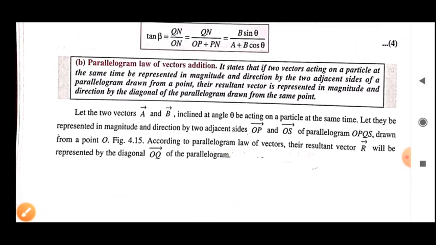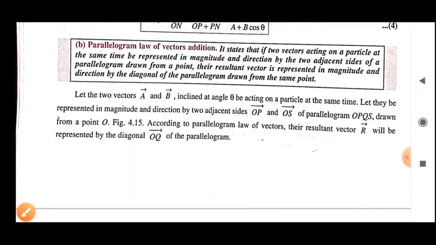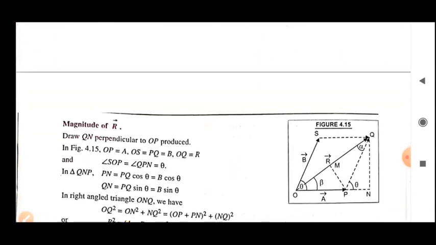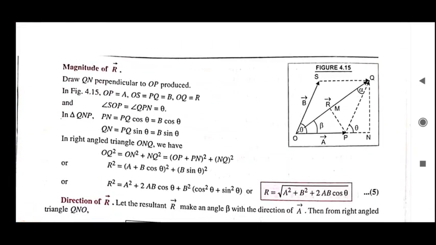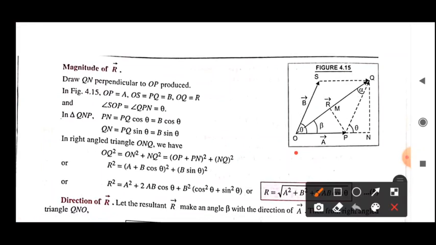Now let's see the second law, that is the parallelogram law of vector addition. As a statement you are familiar with it, so let's see the derivation here. You can see A and B are two vectors, and these two vectors are two sides of the parallelogram from a single point. Then R is the resultant that is represented by the diagonal.